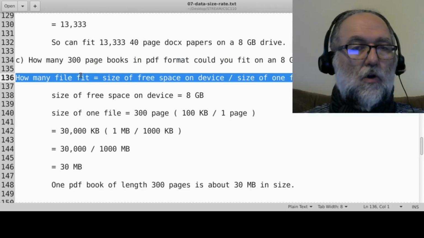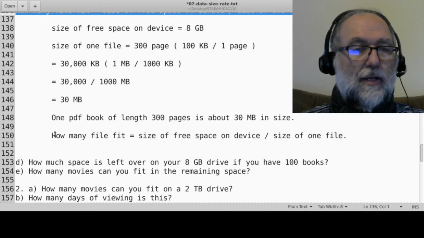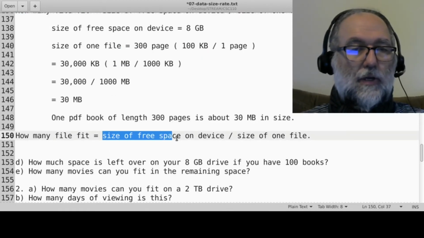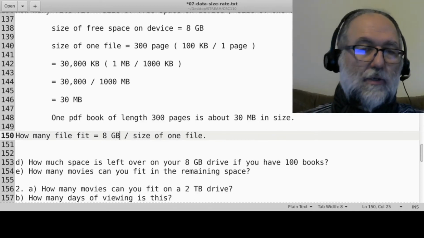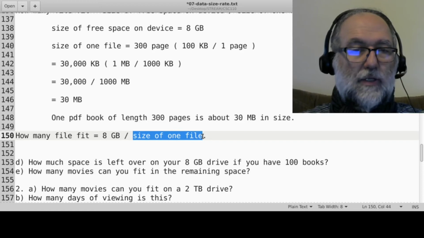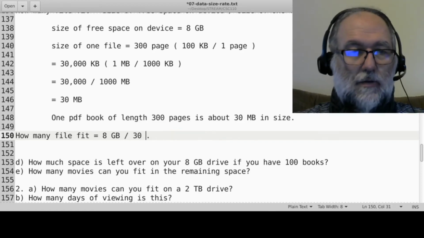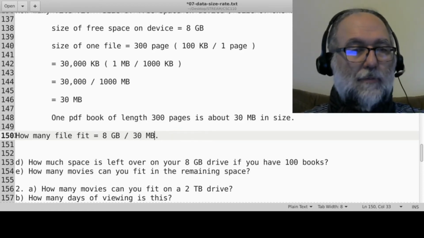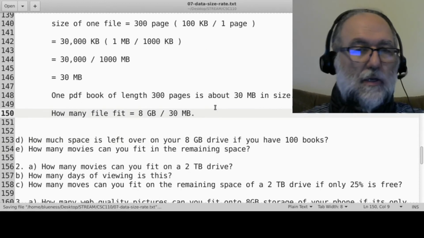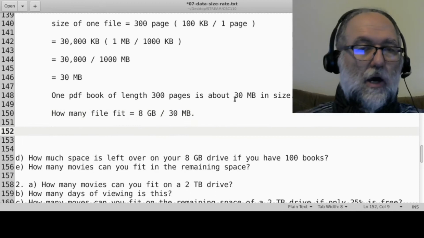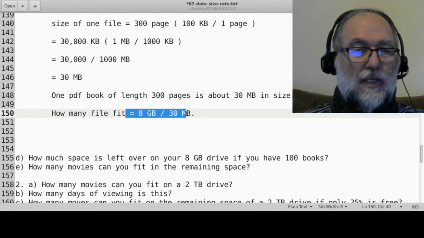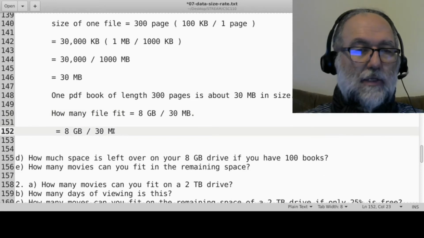So we could go back to this and say, okay, the size of the device is 8 gigabytes. And the size of one file is 30 megabytes. Let me indent that so we can see it as part of the same question. And you say, oh, I'm in one of these situations again where I have gigabytes and megabytes.